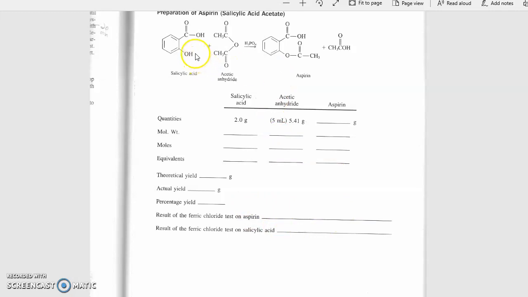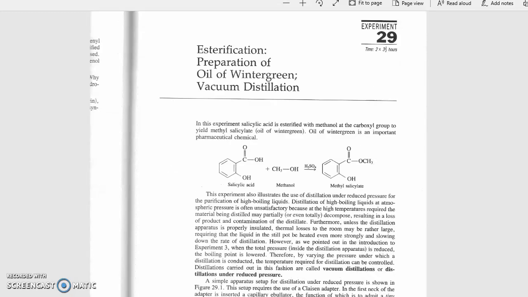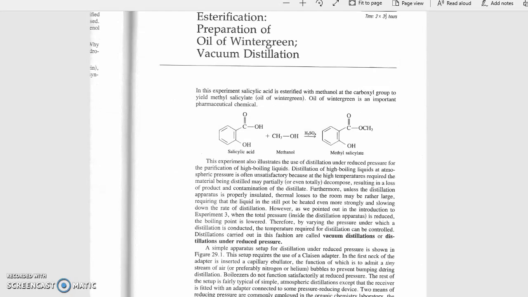So here what we're doing is we're adding an ester group down here, replacing the hydrogen here with a carbonyl and a methyl group, right? So that's what we're doing there. In the next lab, this involves two different things I'd like you to look at.